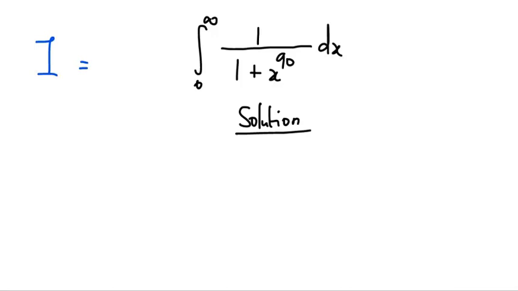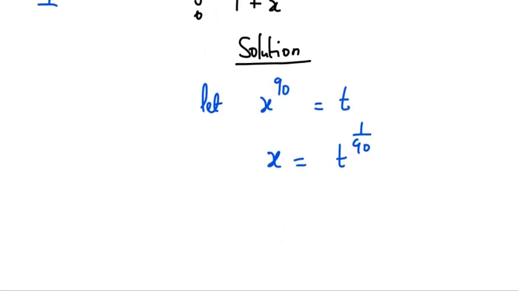We're going to start with a nice substitution. So we're going to let x raised to the power of 90 equal t. Now, if you solve for x, we see that x is equal to t raised to the power of 1 over 90. Now we're going to differentiate both sides.